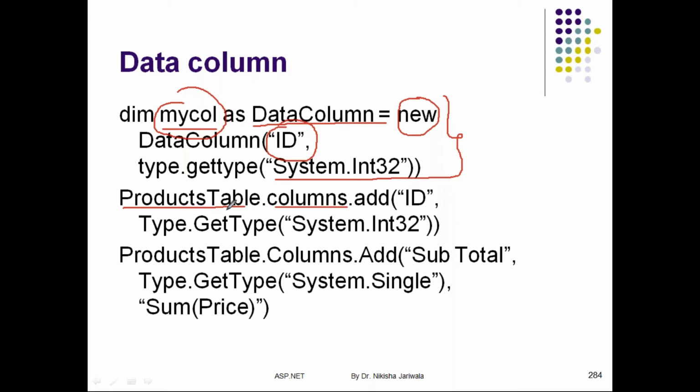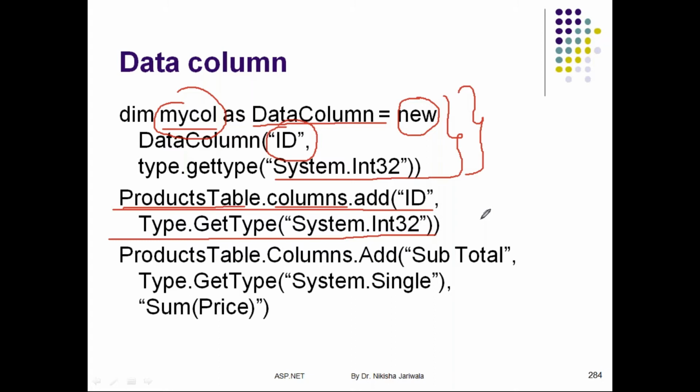And the other way is I can directly add the column within the columns collection like this. So over here I have explicitly created the object of data column. I have specified the name of that data column, and along with that I have specified the data type of that particular column which is needed.